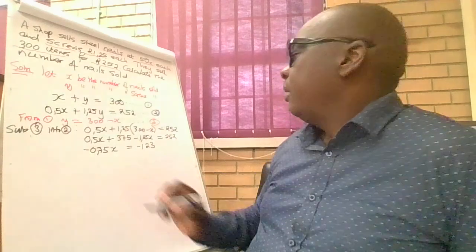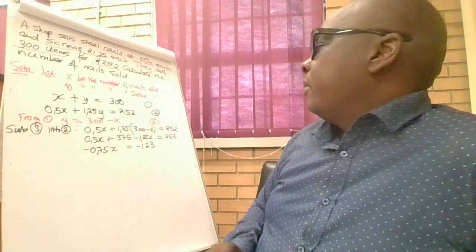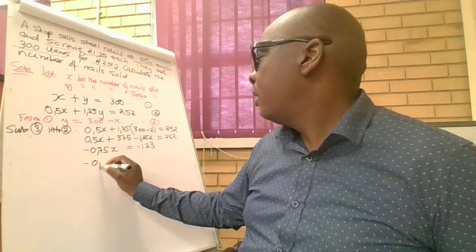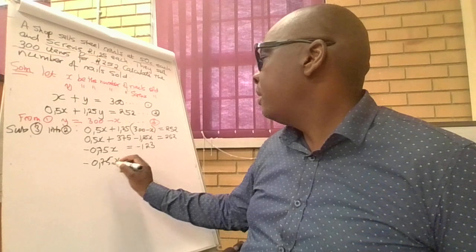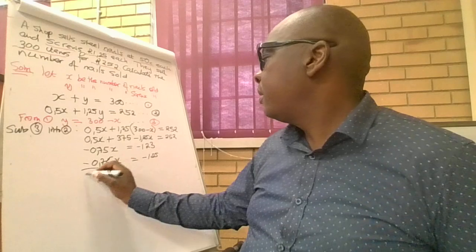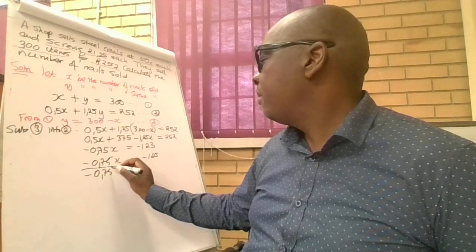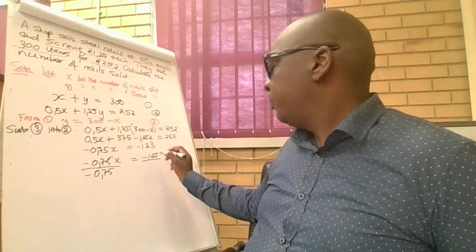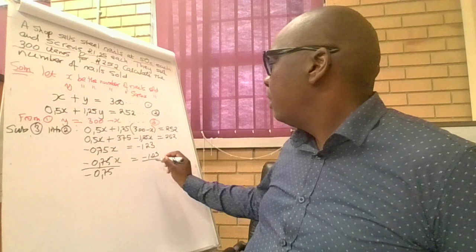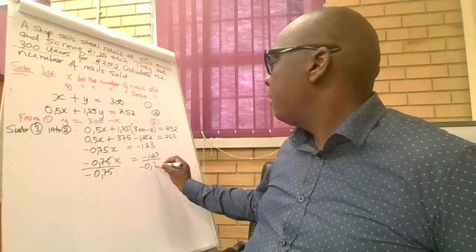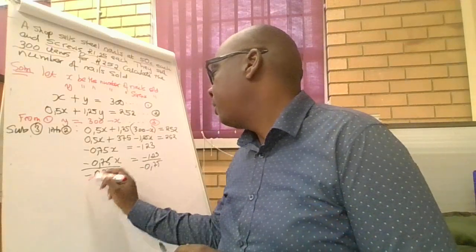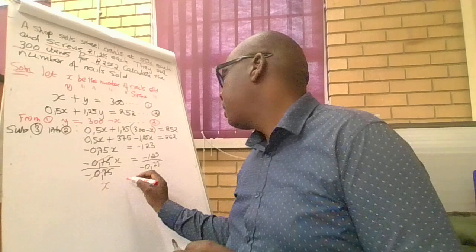So now from here, if I divide both sides by minus 0.75, this cancels out, and I'm left there with x.